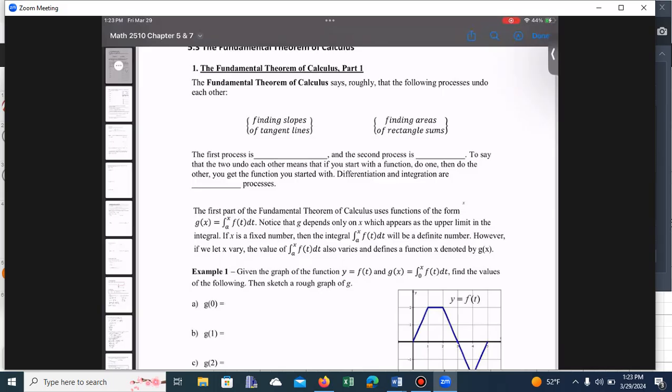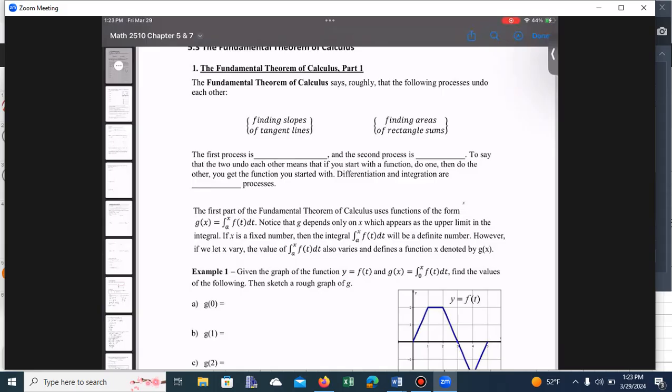So the fundamental theorem of calculus says roughly that the following processes undo each other. That is, finding slopes of tangent lines and finding areas of rectangular sums. These are inverse processes, basically.